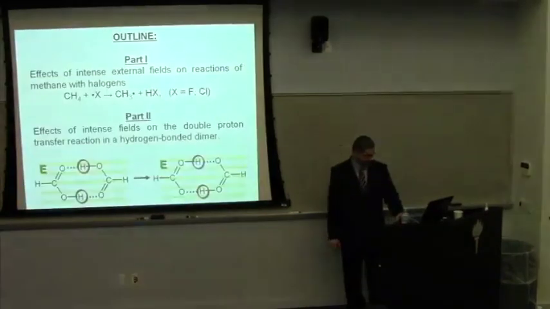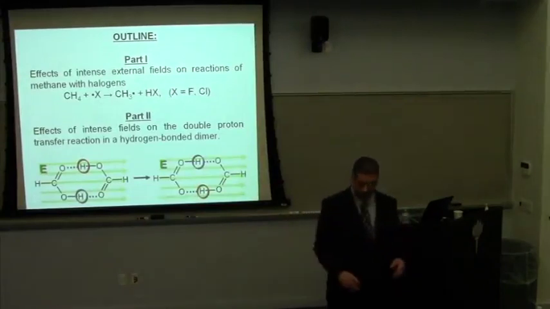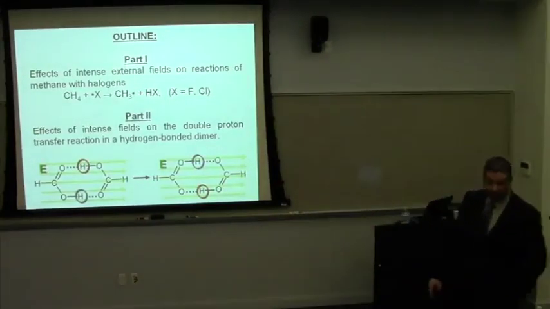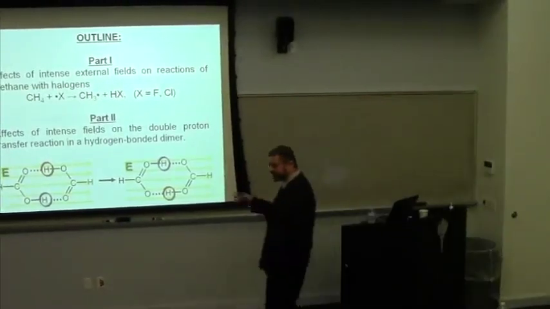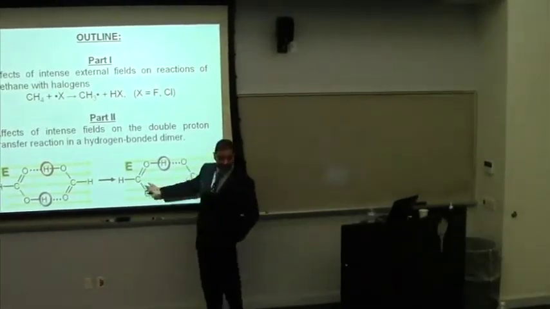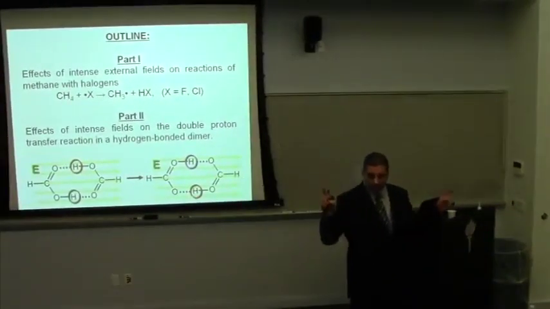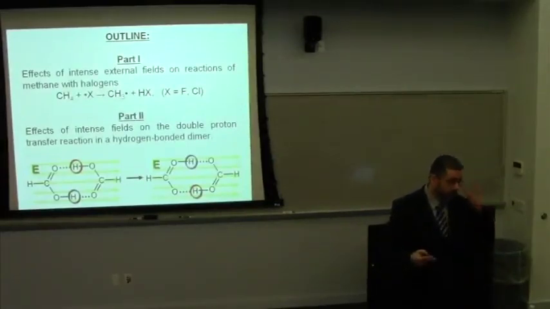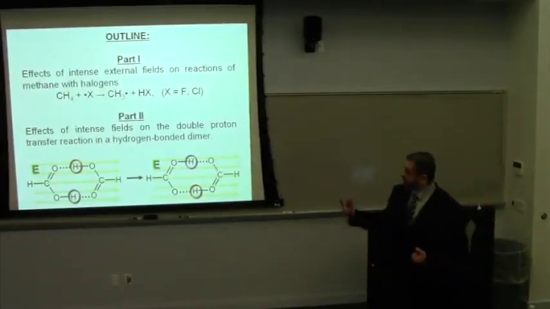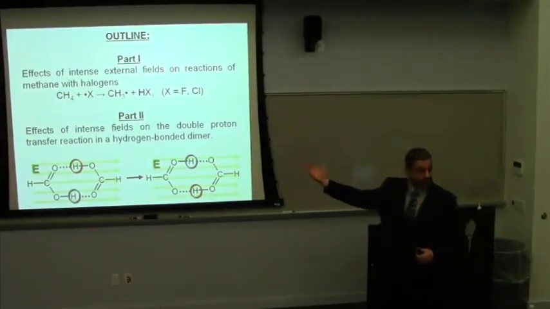So for the outline, I'm going to talk about two parts. It's basically like two small talks. One part will be the effect of intense field on this reaction, and the other one will be the effect of strong field on this reaction, which is the double proton transfer reaction, a model for the Löwdin mechanism of mutation, very simplified, but we just want to learn some principles. In the first reaction, the focus is the control of the reaction.